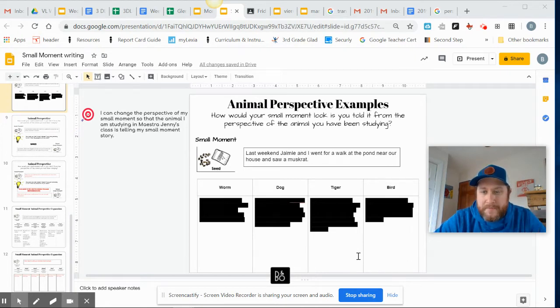Whether that is a worm or a dog or a tiger, no matter what your animal is, we're going to take the small moment you thought of and the short paragraph you wrote and switch it so it sounds like it's coming from the animal you've been learning about.